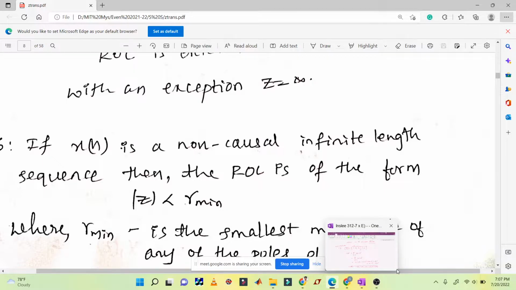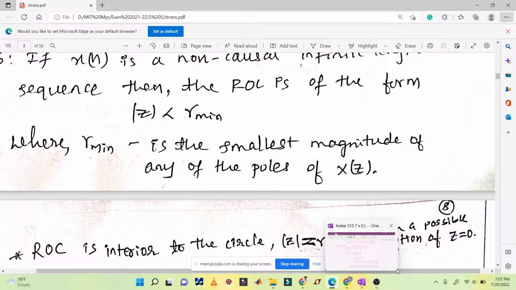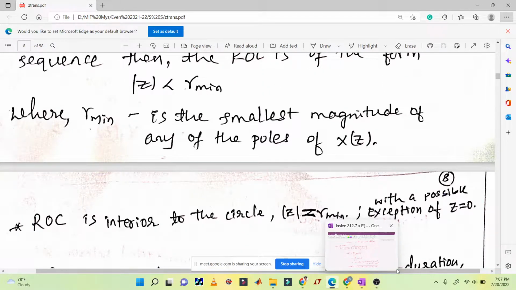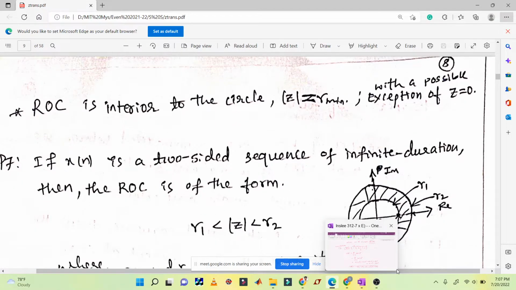For that, magnitude of Z will be lesser than R minimum. R minimum is the smallest magnitude of any of the poles of X of Z. There might be a number of poles which lead X of Z to be infinite. Among them, the smallest value we need to choose, and lesser than that will be the ROC. And here ROC is interior to the circle. Earlier it is exterior to the circle with radius R minimum.